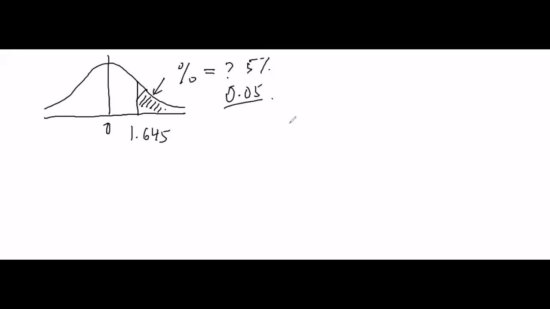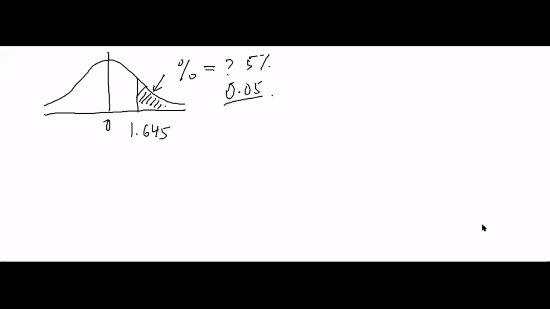Okay, how about the second one? X lies between what and what with probability 99%. So between here and here, right? This is 0. This is A. This is minus A, okay?